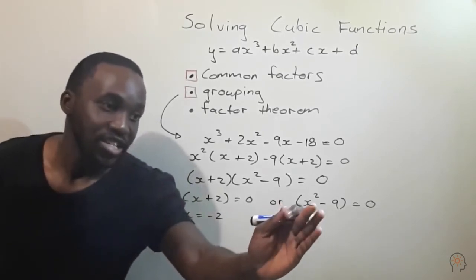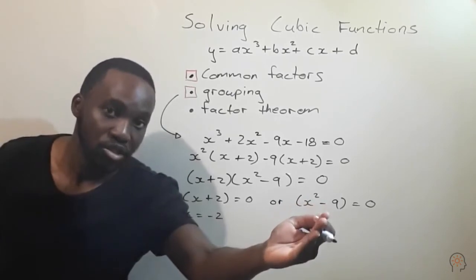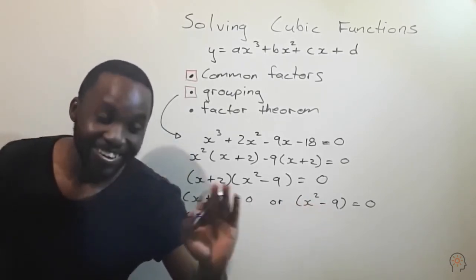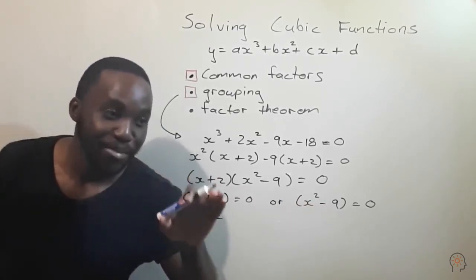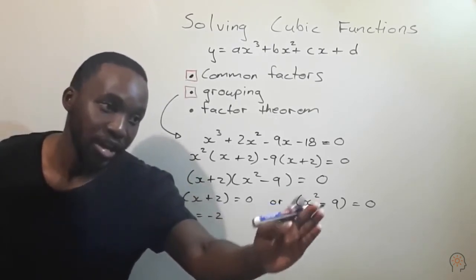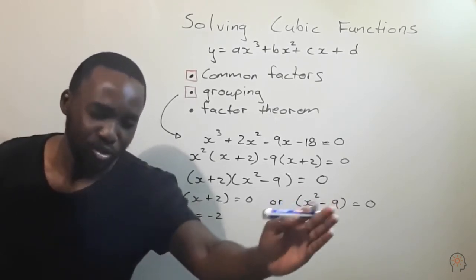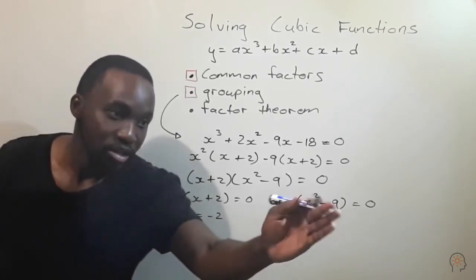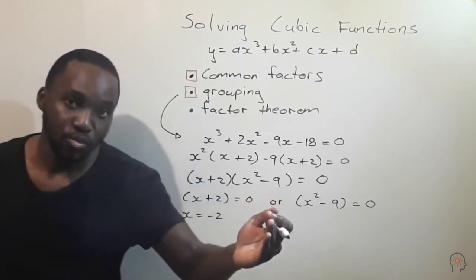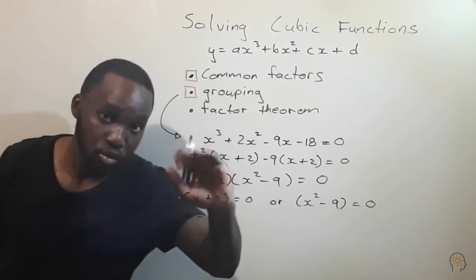Here we can clearly see this is the difference of two squares, and the difference of two squares basically refers to a square value minus a value that's also a square number. So the difference of two squares, we will always be able to spot if we have a value squared minus another value that's also a square number.